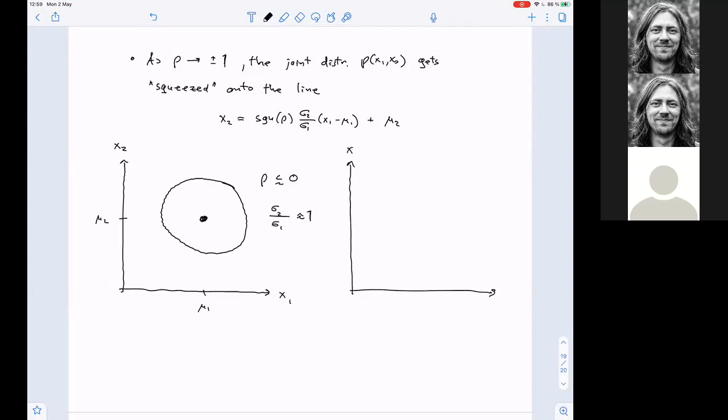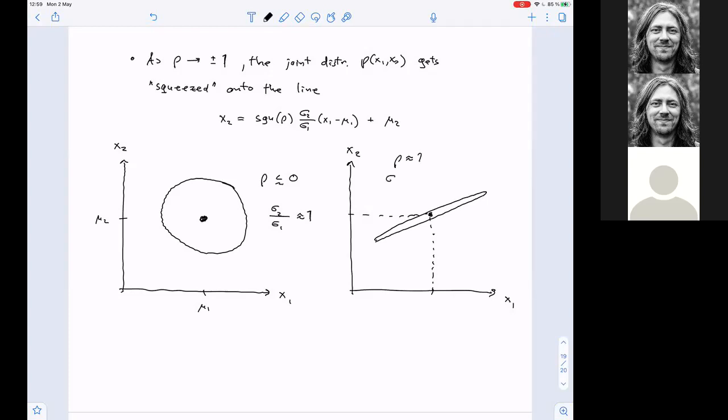Whereas if we instead did say something like this, then these would be positively and very strongly correlated.